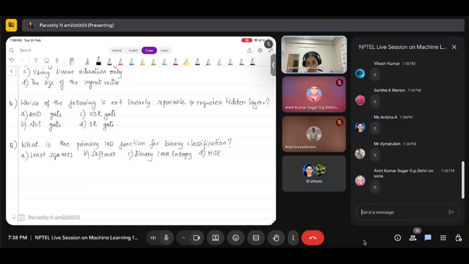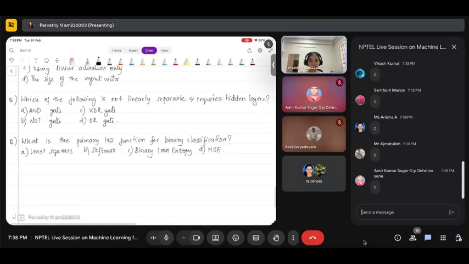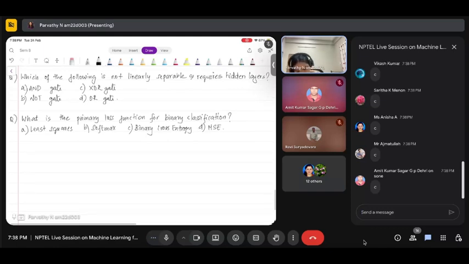So what is the primary loss function for binary classification? It is binary cross entropy.